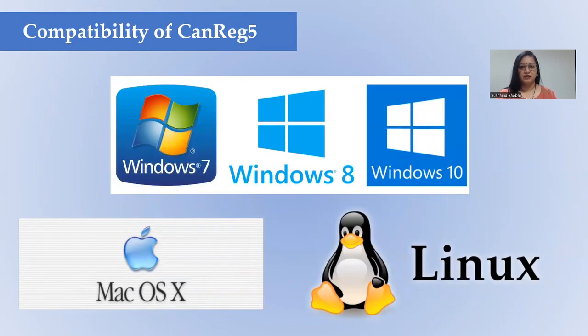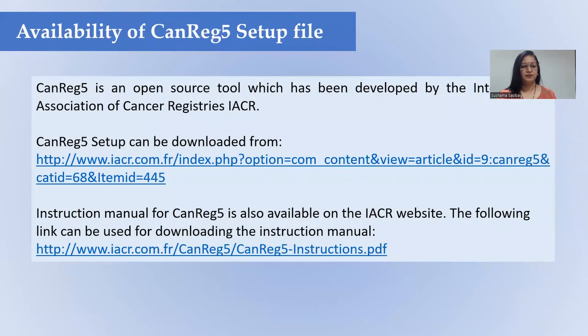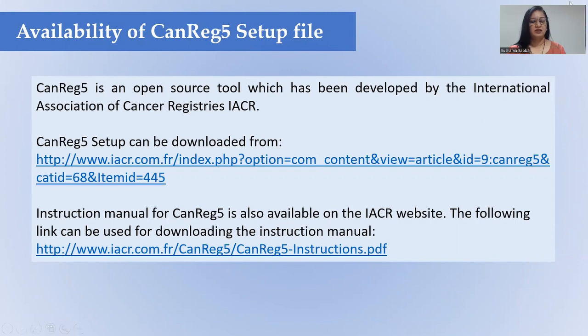Let us see the compatibility of CanReg5. CanReg5 runs on various operating systems like Windows, Mac, as well as Linux. In Windows, it runs on various versions like Windows 7, Windows 8, and Windows 10. Let us see the availability of CanReg5 setup files.